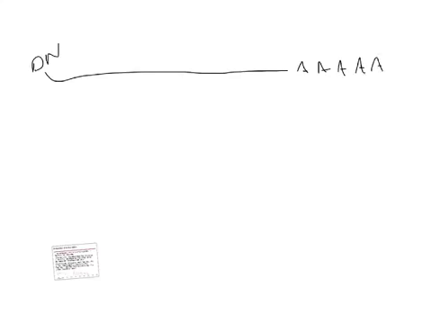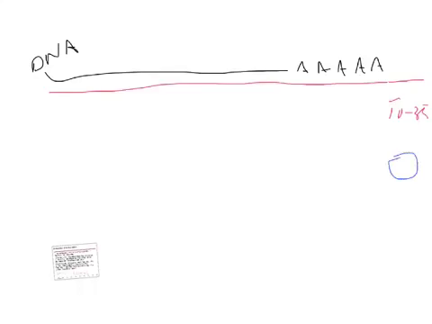When that occurs, RNA polymerase will make a transcript beyond this, and keep going, say, 10 to 35 nucleotides beyond that.